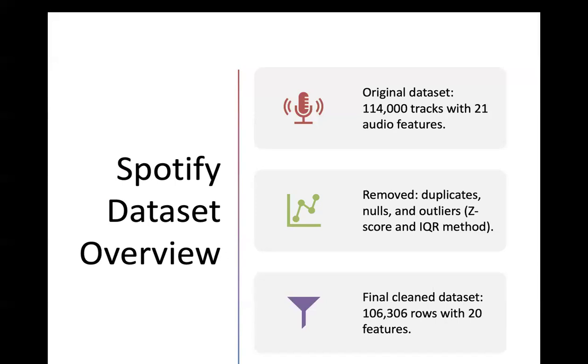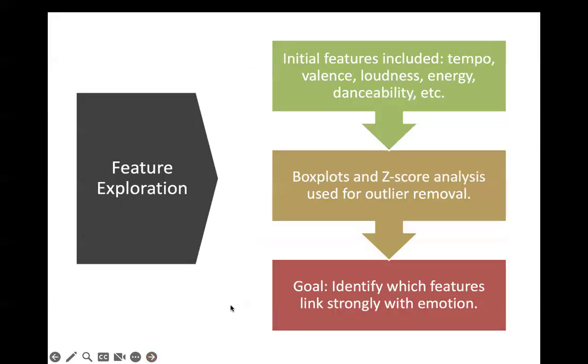For example, valence ranges between 0 and 1, indicating emotional positivity, and energy reflects the song intensity measured from aspects like amplitude and speed. According to these values, we have created a column in the Spotify dataset to retrieve the emotions.